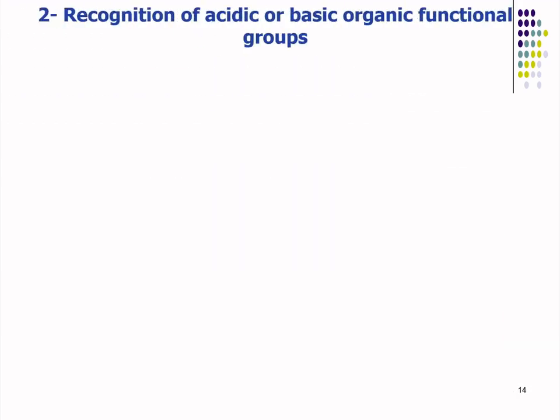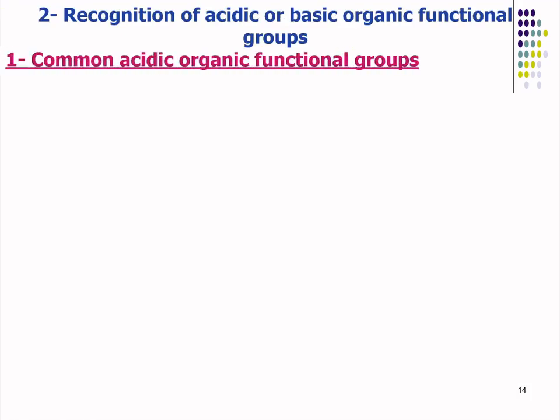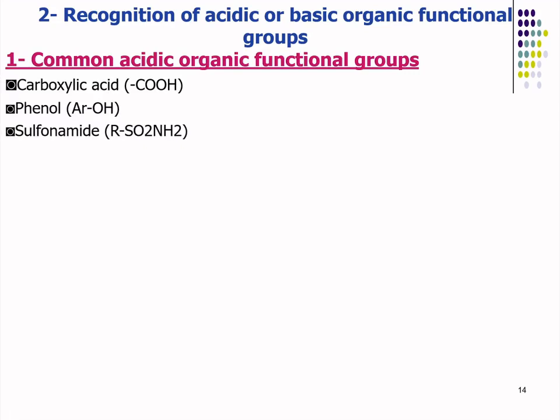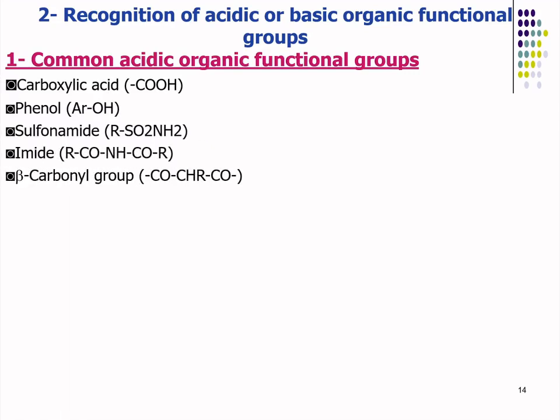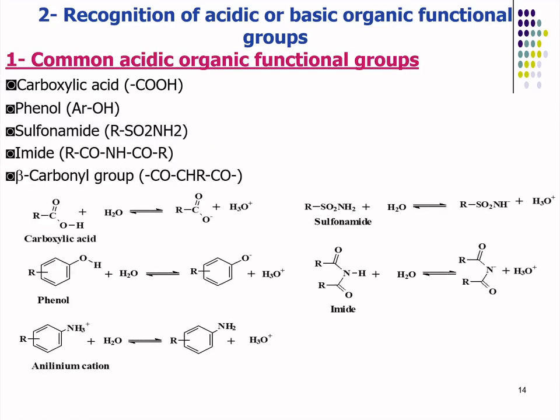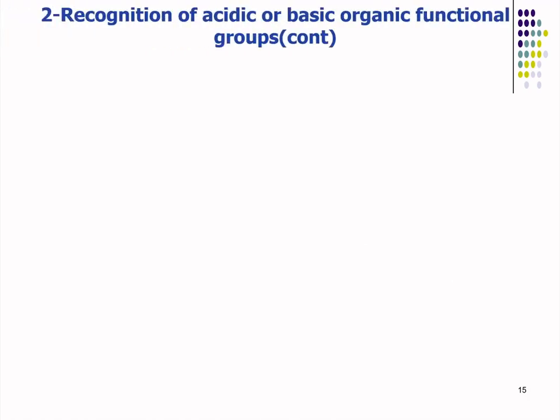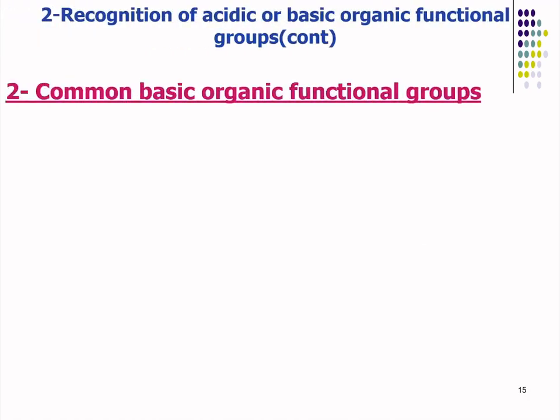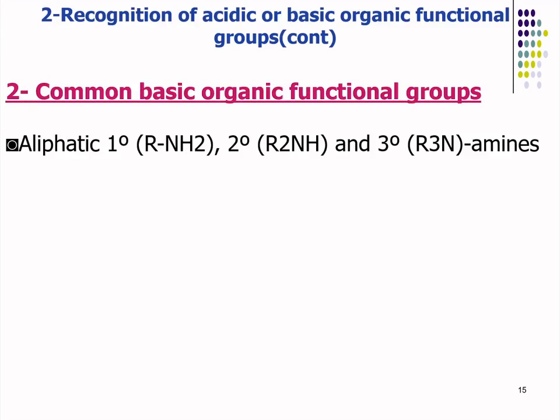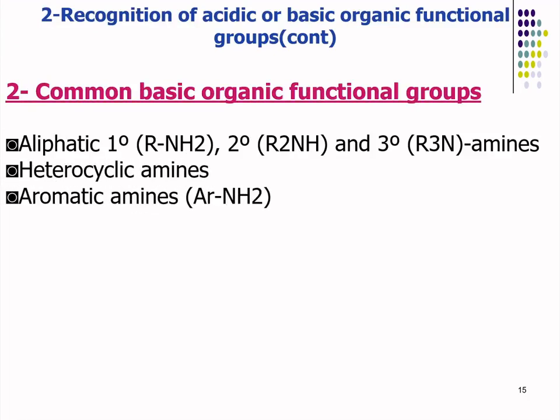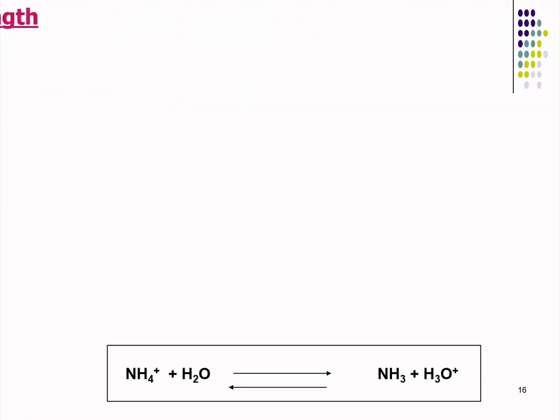Recognition of acidic or basic organic functional groups. Common acidic organic functional groups present in most drugs are carboxylic acid, phenol, sulfonamide, and imide. Some basic organic functional groups are aliphatic and heterocyclic amines, and the different kinds of amines.